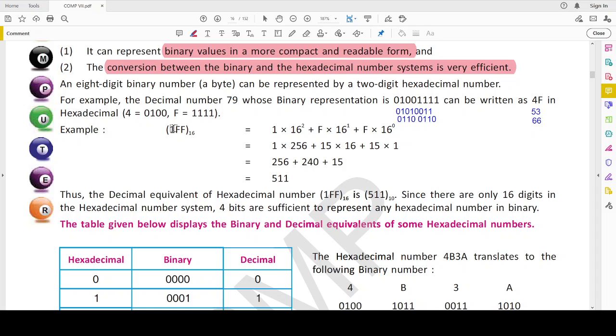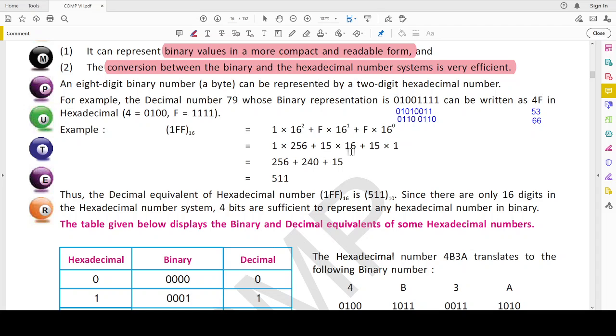So 1 into 16 to the power 2, F into 16 to the power 1, and F into 16 to the power 0. Anything to the power 0 is 1, so F into 1, that is 15 into 1.